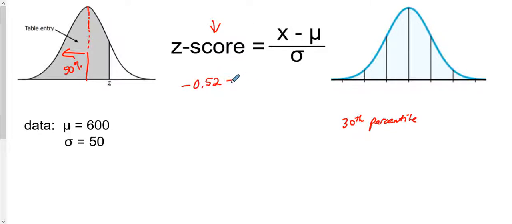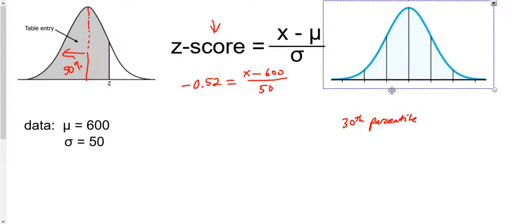0.52 equals, and this time we don't know the x. Remember, we're looking for this number. We do know the 600, and we do know the 50. We're just going to do some algebra skills to finish this off.